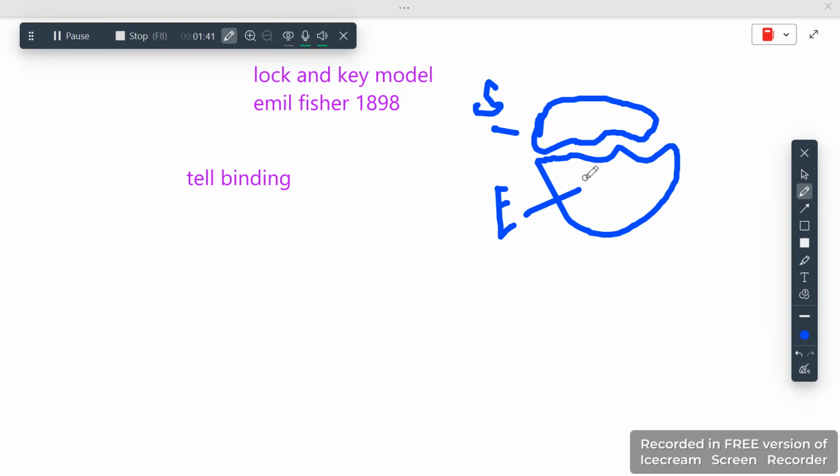So this means for every lock there is a specific key. For every enzyme we have a specific substrate which will be attached.